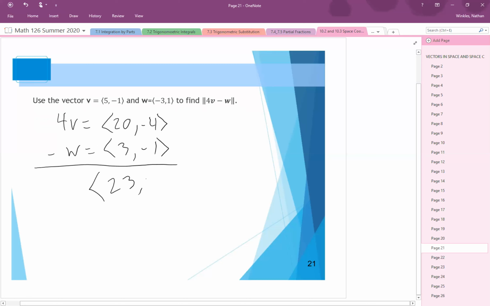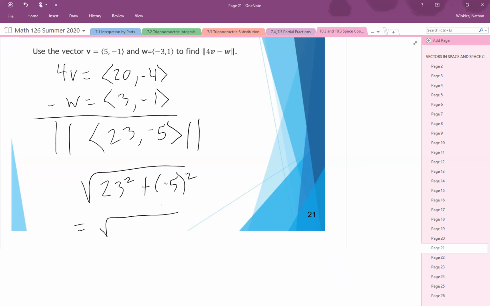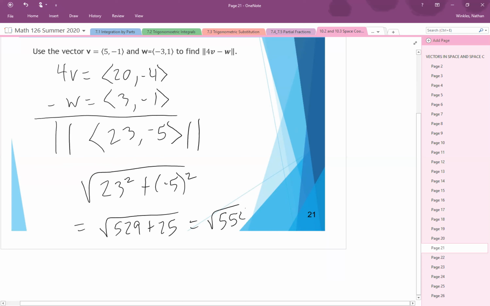So 23 and -5. Now we need to find the magnitude. So that's the square root of 23 squared plus -5 squared, which is the square root of 529 plus 25, which is not a perfect square, because this is the square root of 554.